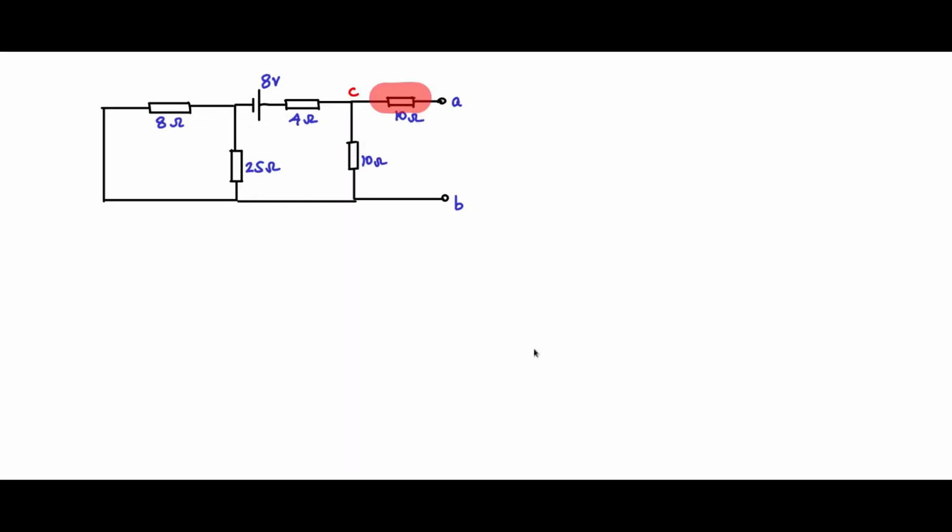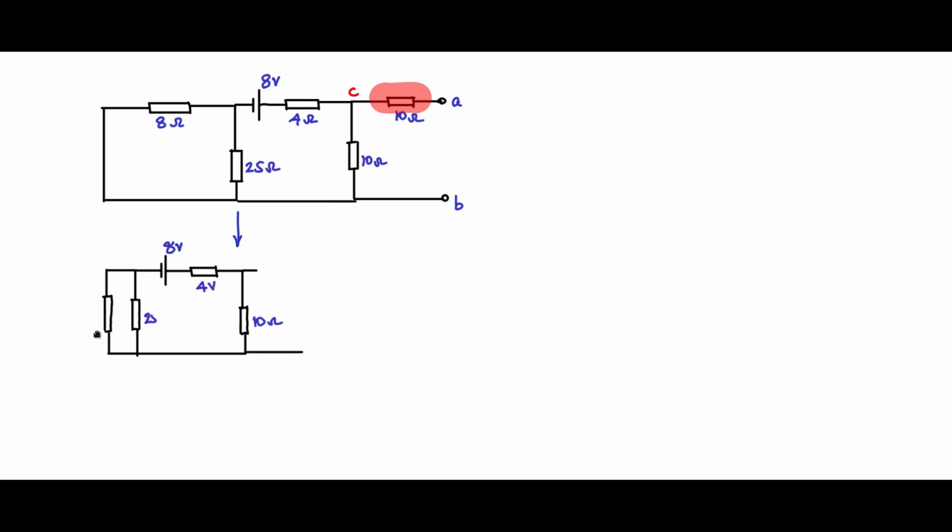Now consider the other source, V2. So we are using the V2 8 volt source now, and V1 the 10 volt source is shorted. Now for this, let us perform the evaluation of the voltage at VC. So the circuit, these two will come in parallel, so 8 and 25 ohms in parallel, and then you have the 8 volt source coming in here, 4 ohm and 10 ohm coming in here, shown like this.